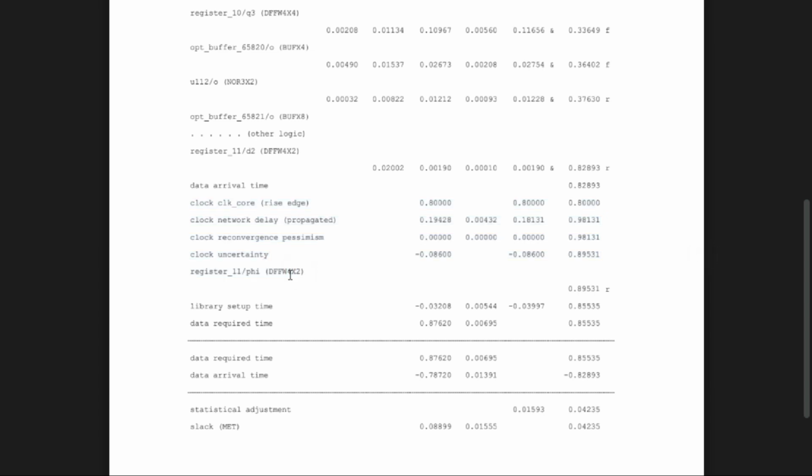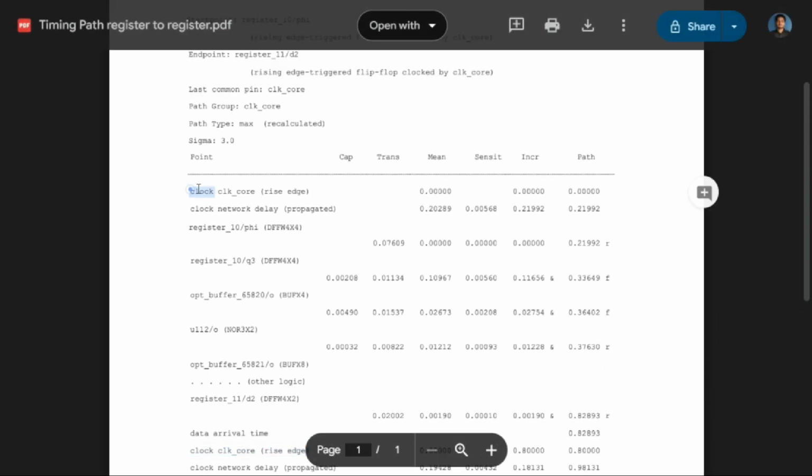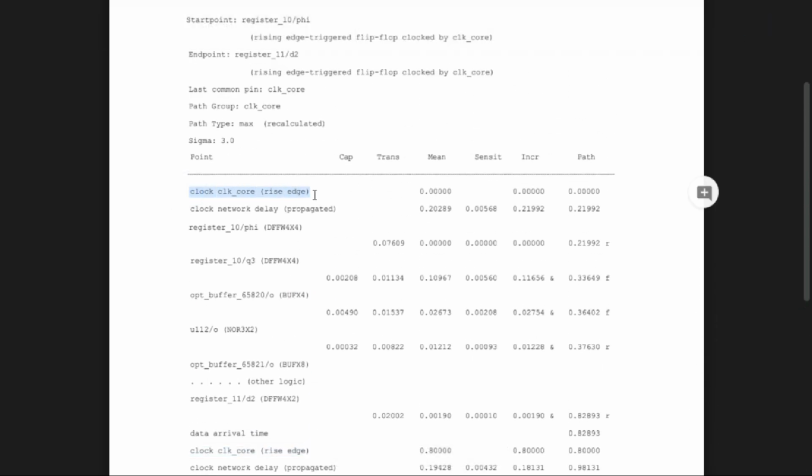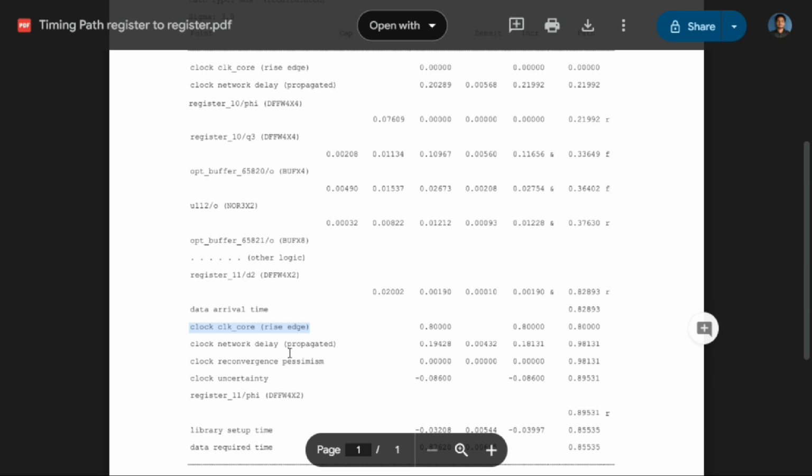All right. So also you might have seen that there are two more important details here. One is the rise edge, where it is telling clock, and it is telling rise edge, and one more here also it is telling rise edge. All right. So this is very important, because this is telling that the clock is actually rising here. And also here it is telling clock is rising here, which means it has got one full cycle for this path.